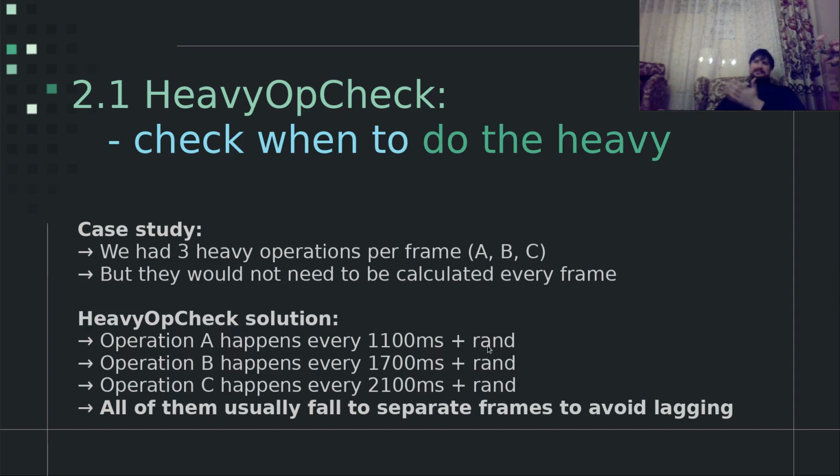But that's not really that much needed because there is a randomization. There is a randomization that happens not just once at the start for calculating the schedules, but at every scheduling it happens. So it's pretty much nearly impossible that more than a few heavy operations end up in the same frame.